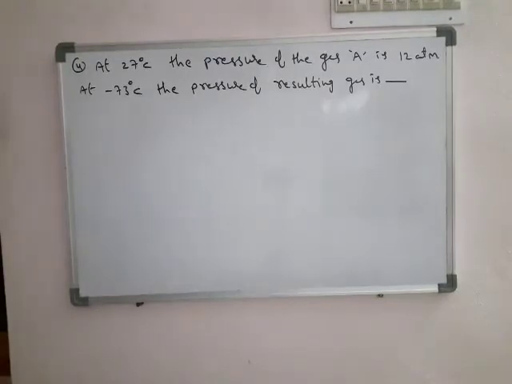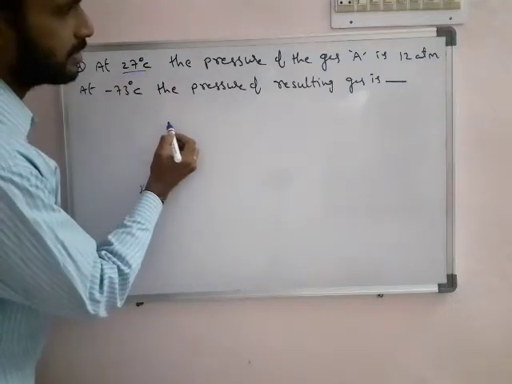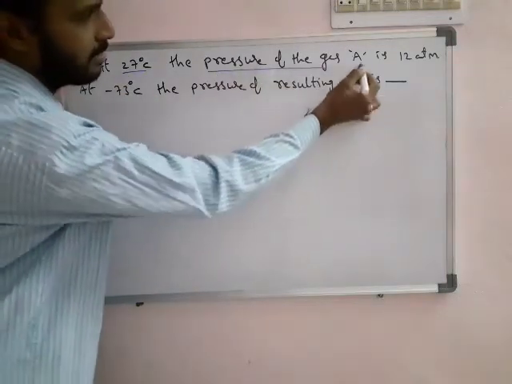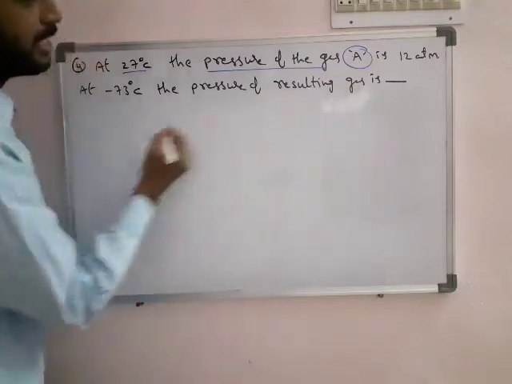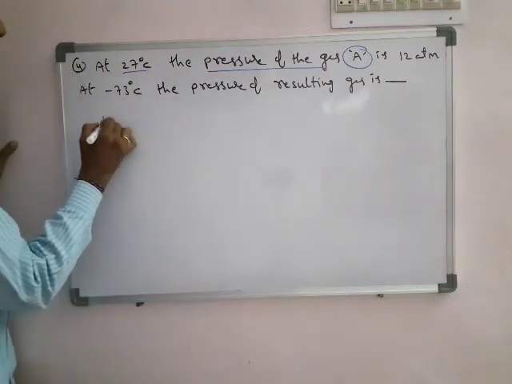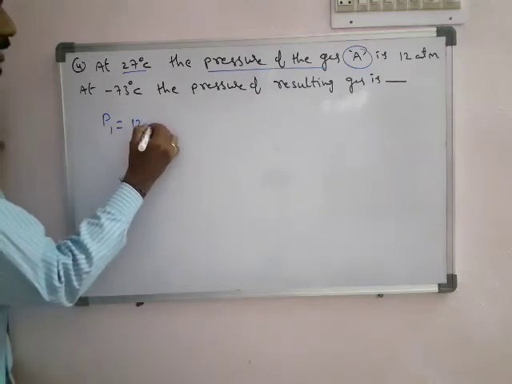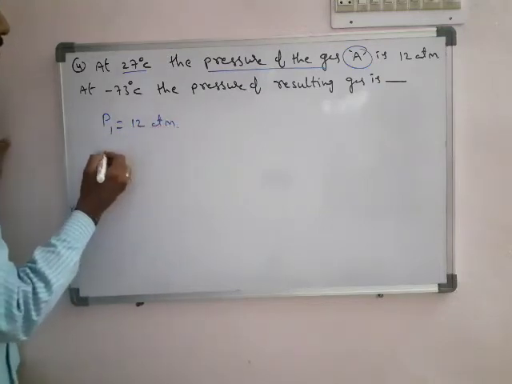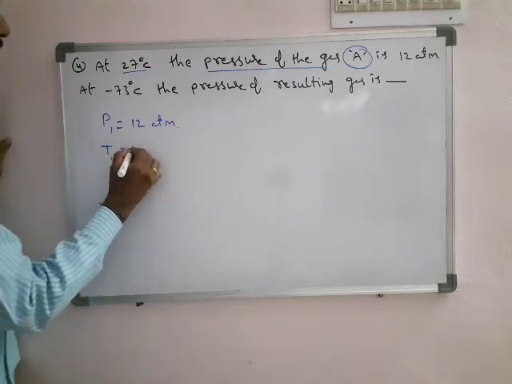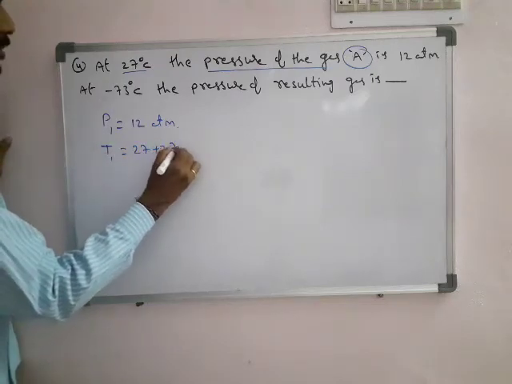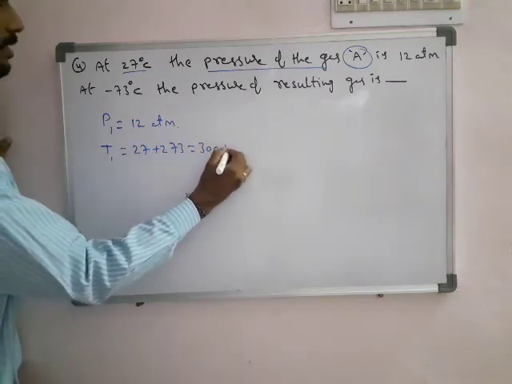Okay, see the fourth one. So it is given that at 27 degrees Celsius the pressure of a gas, so gas is unknown A, it's 12 atmosphere. Means what is the pressure? Just we are taking it as P1. That is 12 atmosphere. So what is the temperature given? 27 degrees Celsius means converted into Kelvin, that is 300 Kelvin.